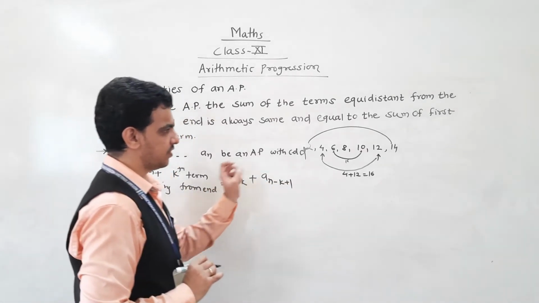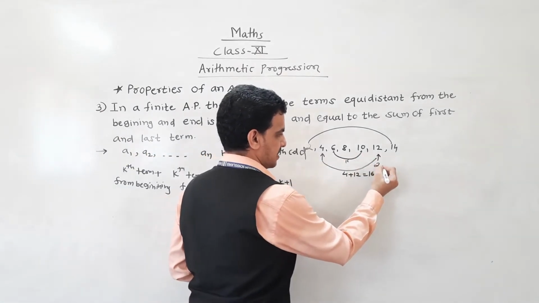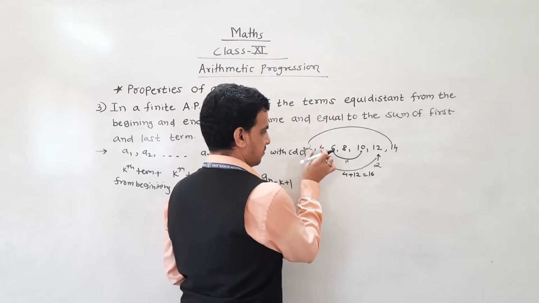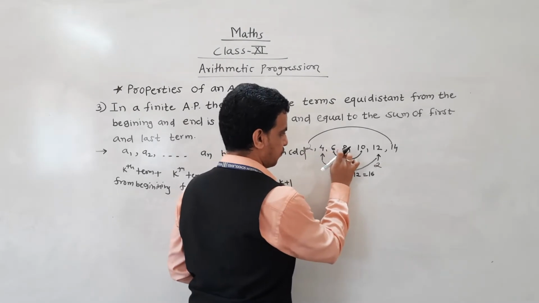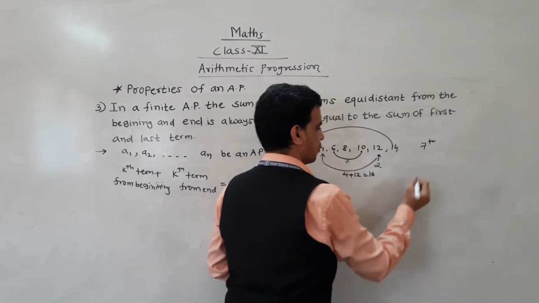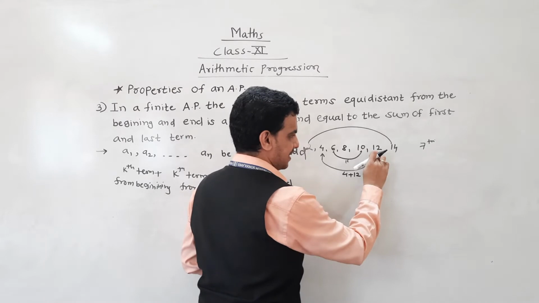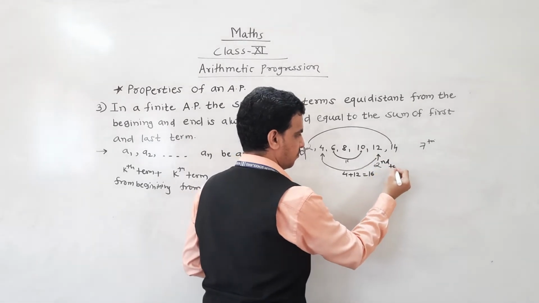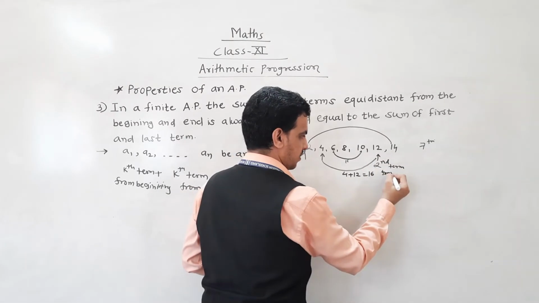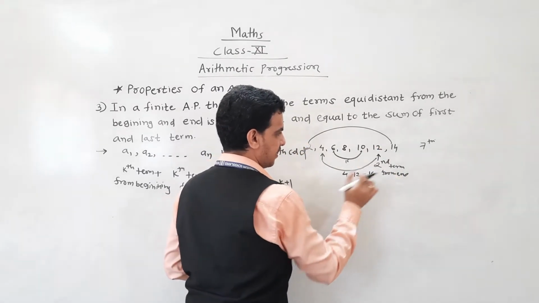Okay, you can observe here. Suppose I have to find the second term from the end. Now here the total terms are 1, 2, 3, 4, 5, 6, 7. So total 7 terms are there. Now here I am taking the second term from end. Okay, 12 is the second term from end.